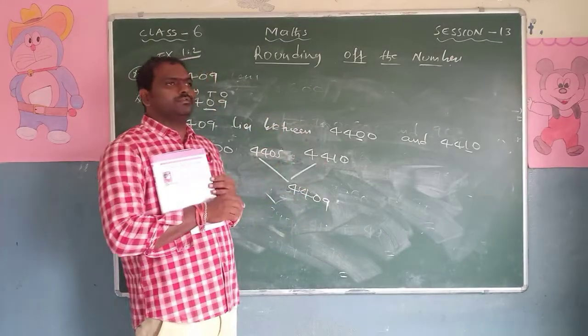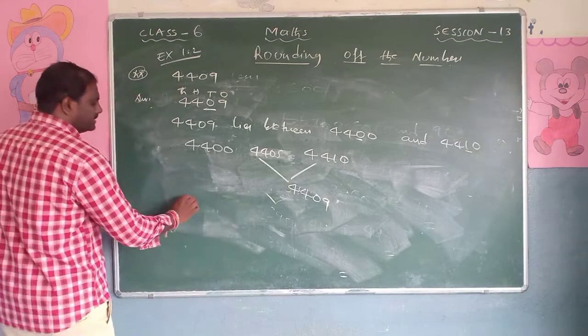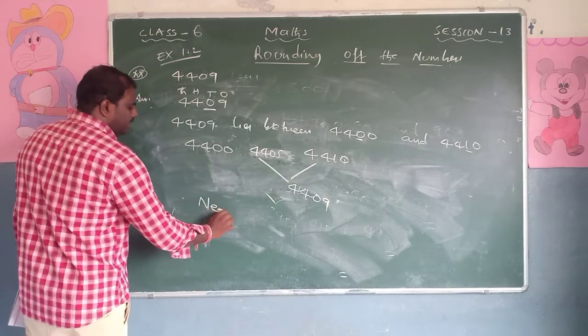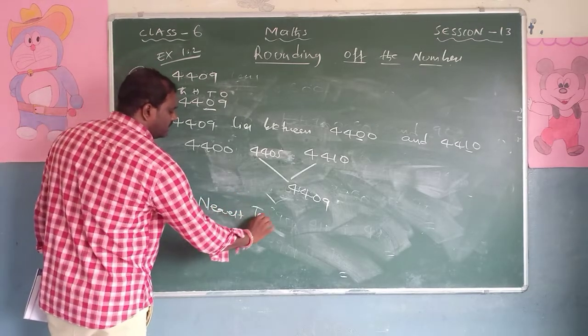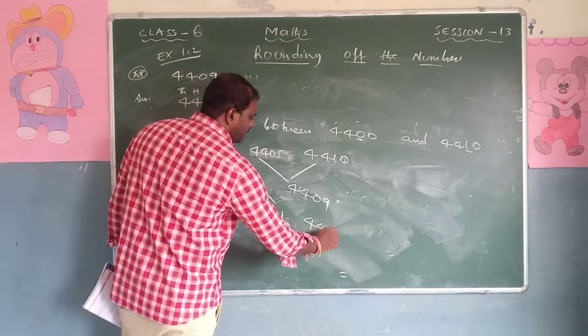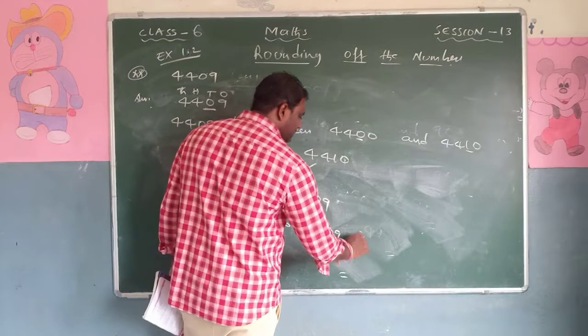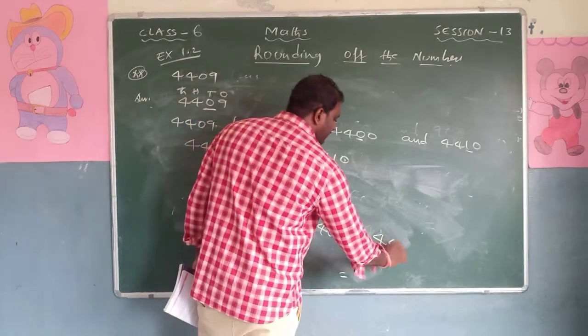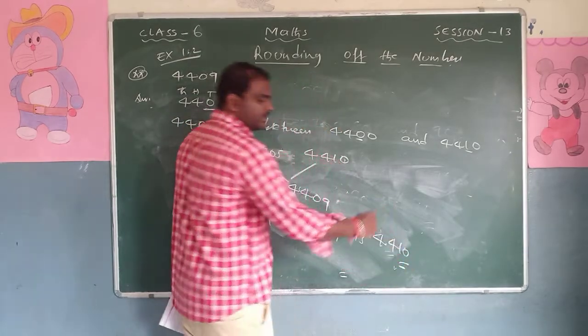After that 4410. So therefore what is the answer? Therefore nearest 10 to 4409 is 4410. This is the answer.